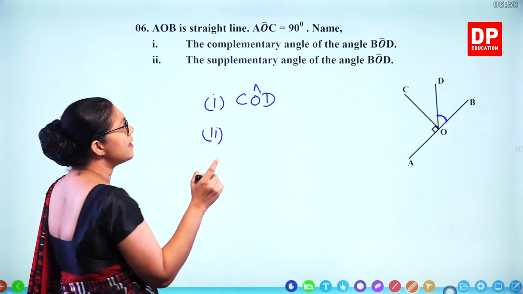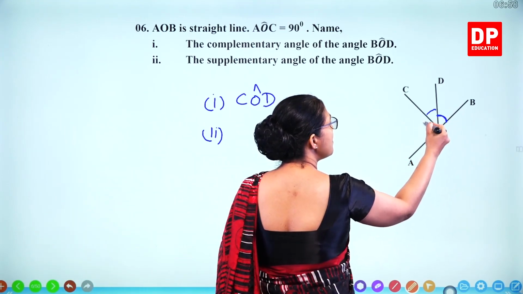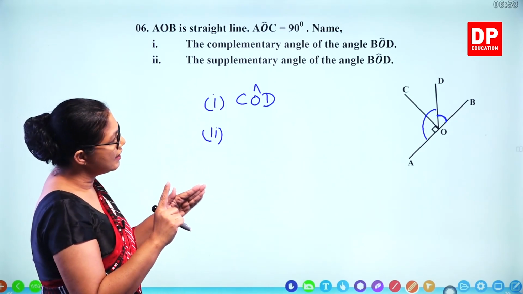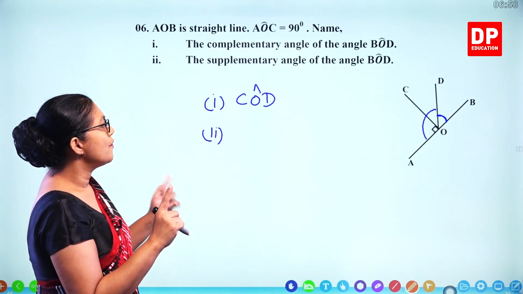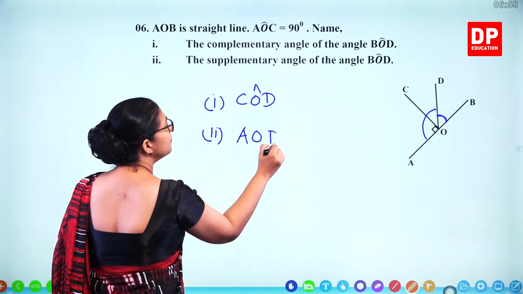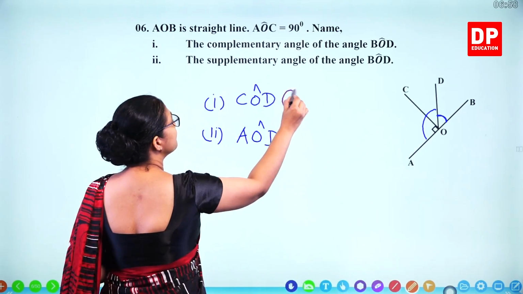Then the supplementary angle of the angle BOD. Supplementary means add up to 180. You need to get a straight line. So that becomes AOD. 2 marks, 1 for each.